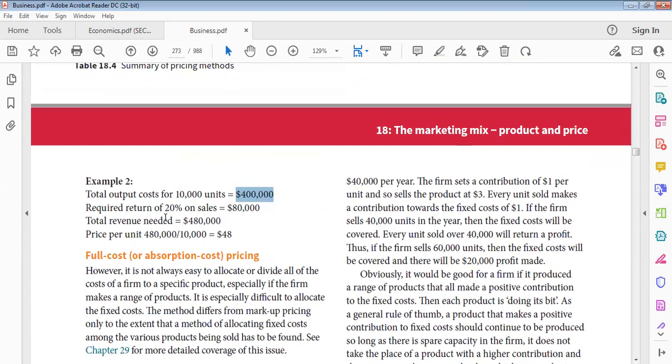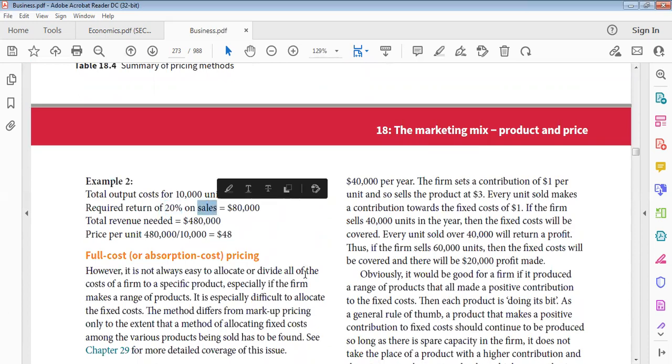So, you said that you want 20% profit. That means you want to earn 20% on your sales.